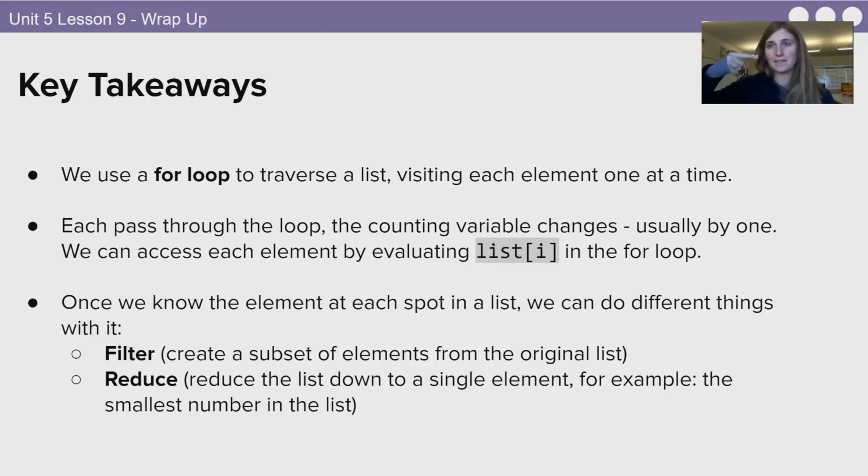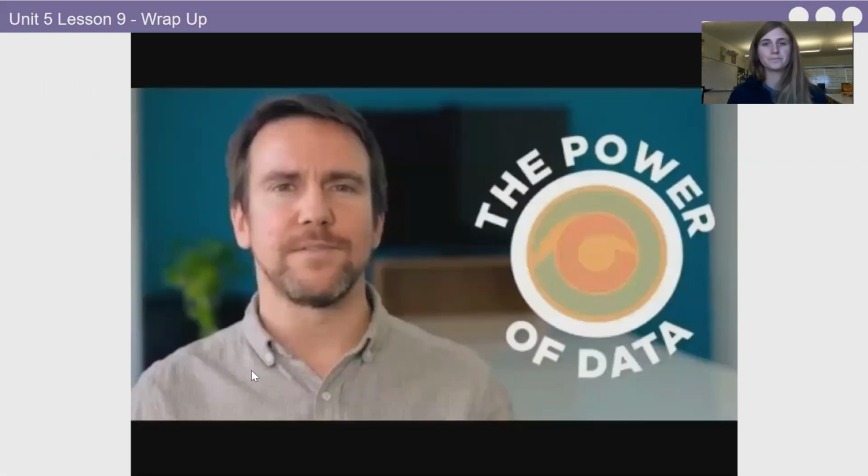Because that I is that iterator value which goes up by 1 every time the loop runs. So once we know the element at each spot in a list, we can do different things with it. We can filter, which would be creating a subset of elements from the original list, or we can reduce it down to a single element, like we just did, reducing it down to 1 number, right?